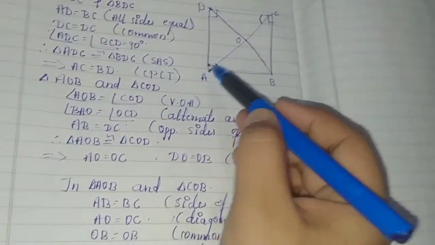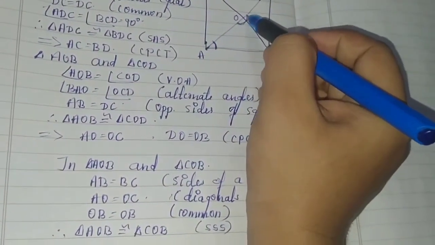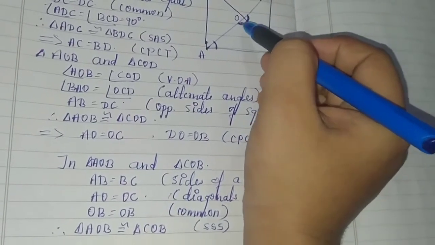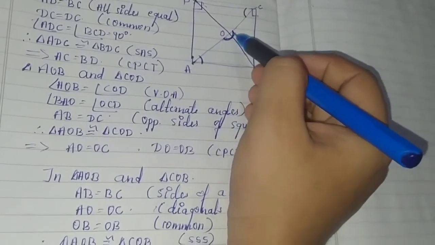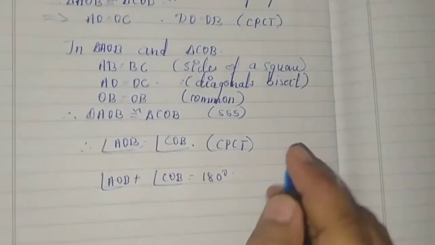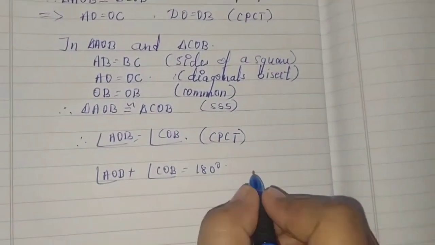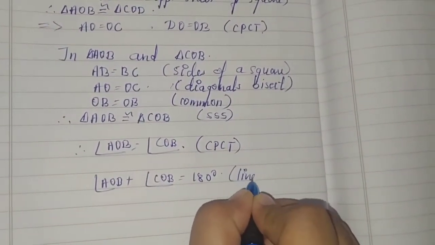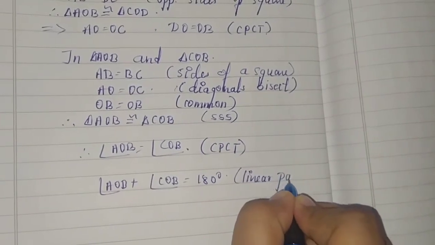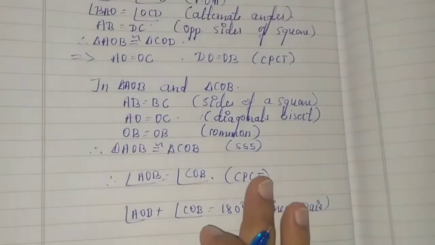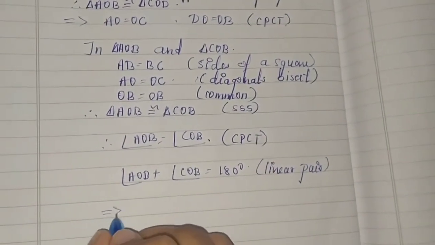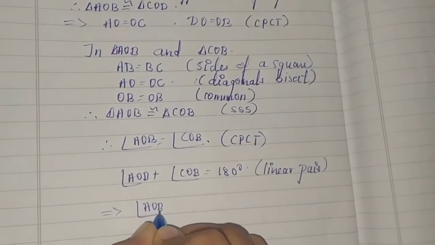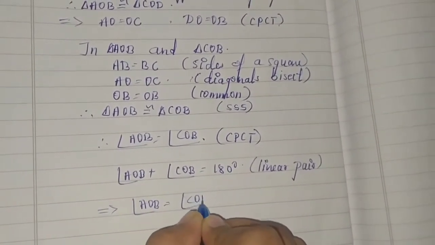So this is a linear pair, and the sum of these two angles will be equal to 180 degrees. So I'm going to write here, linear pair.